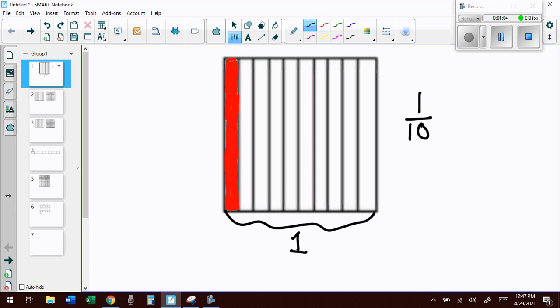Now, if we were to multiply this by 10, cut in half, and then in each half into fifths.